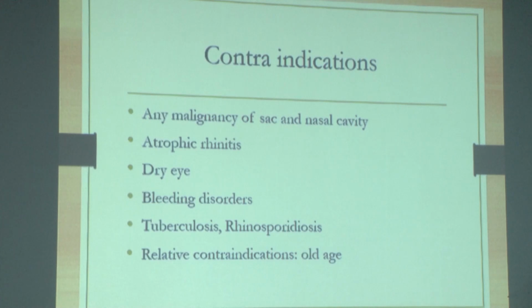At the same time, there is dry eye, and if you do DCR, you are putting the patient at some disadvantage, because he needs more tears. In bleeding disorders, tuberculosis, rhinosporidiosis, and even in old age, you can go for dacryocystectomy rather than DCR.